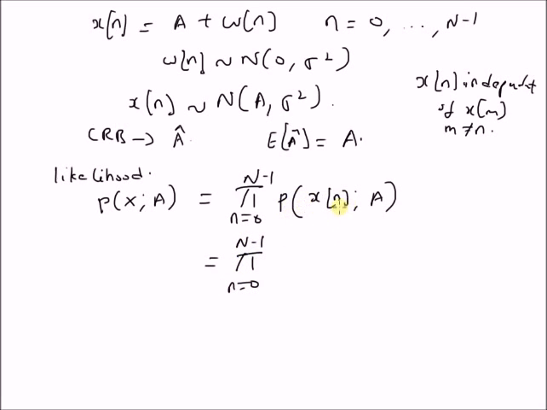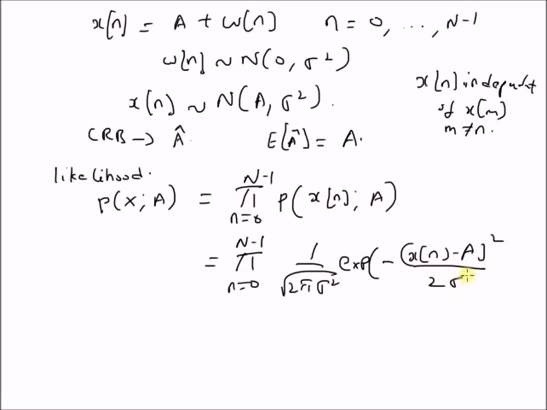The probability of x[n] given A is given by the normal distribution, that is the Gaussian density function, which is equal to 1 by square root of 2 pi sigma squared, exponential of minus (x[n] minus A) whole squared divided by 2 sigma squared.